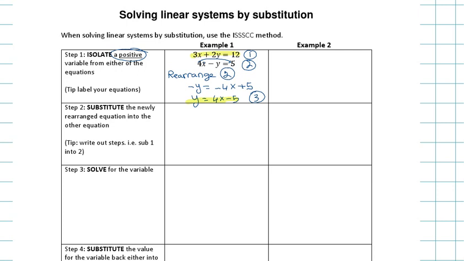Now, let's look at that. First thing we're going to write this: sub 3 into 1. Make sense? So I'm subbing equation 3 into equation 1. Are you guys okay with that?